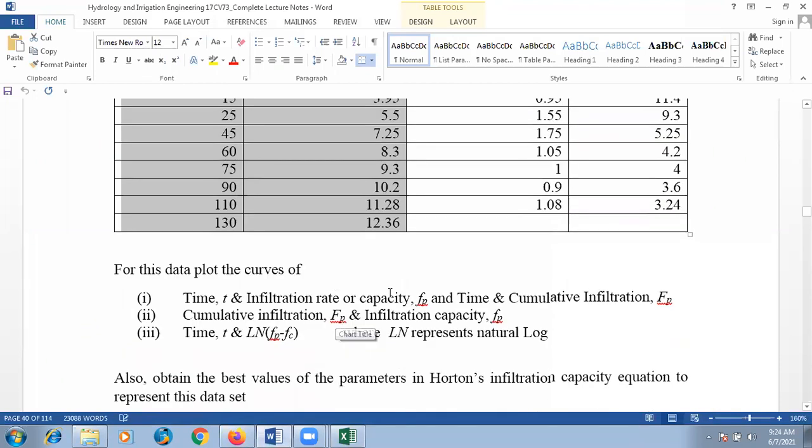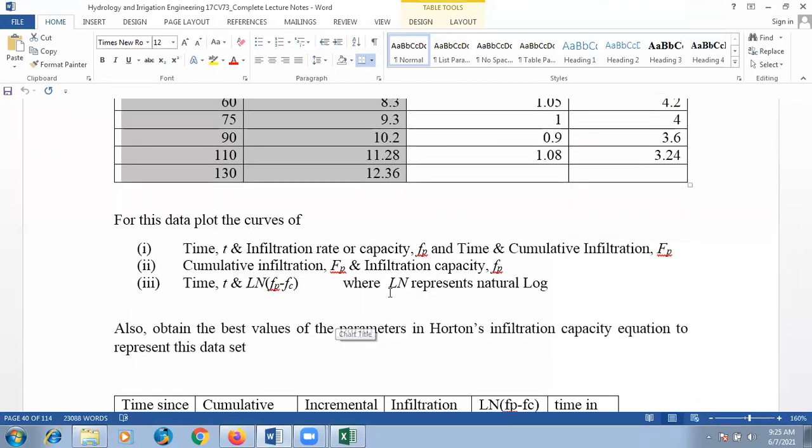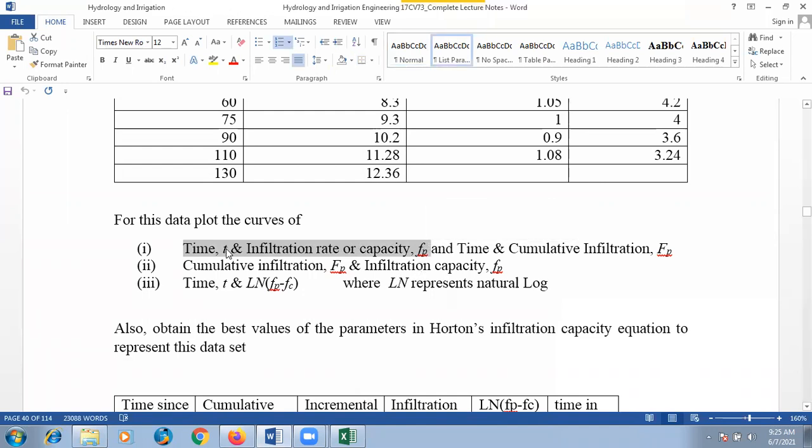So we have to do a lot of things. In the examination, you may have to do only one of these things. But for the sake of generality and also to understand all aspects related to infiltration, we are doing everything for a single problem. In the examination, any one of these may be asked. Here we have to plot a graph of fp, infiltration capacity, against time.